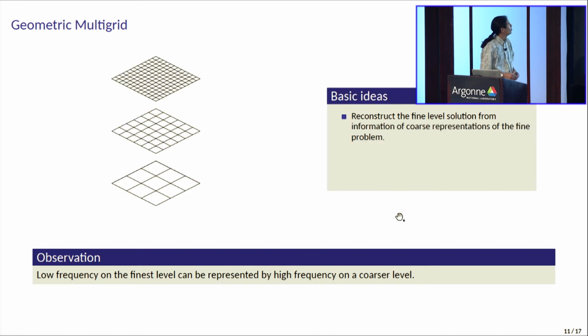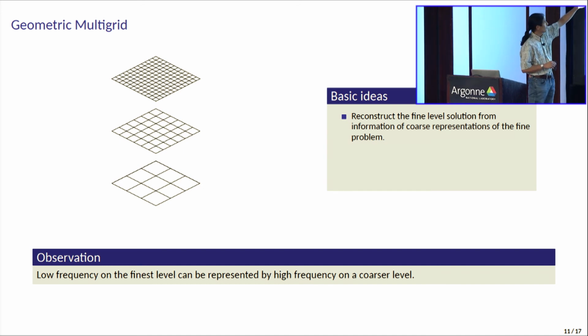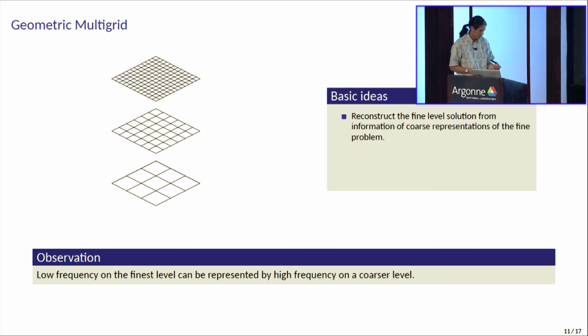Okay, we'll motivate things with geometric multigrid, and then we'll talk about relations to algebraic multigrid. In geometric multigrid, you start with some fine mesh up here. This is where the application has defined its problem. Then you form a sequence of coarser meshes, and you do a rediscretization of the problem on each subsequent mesh.